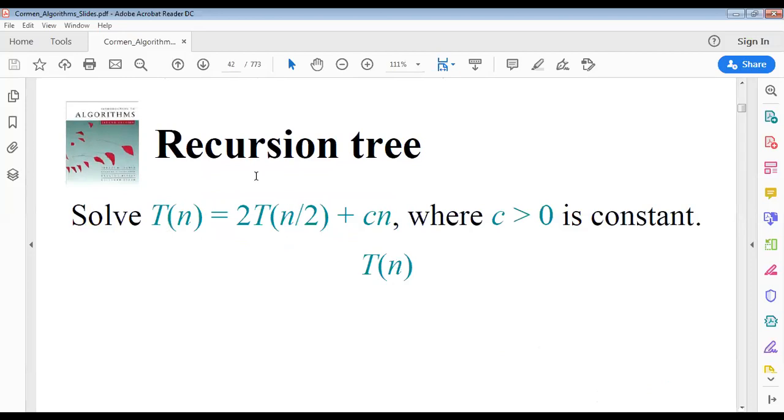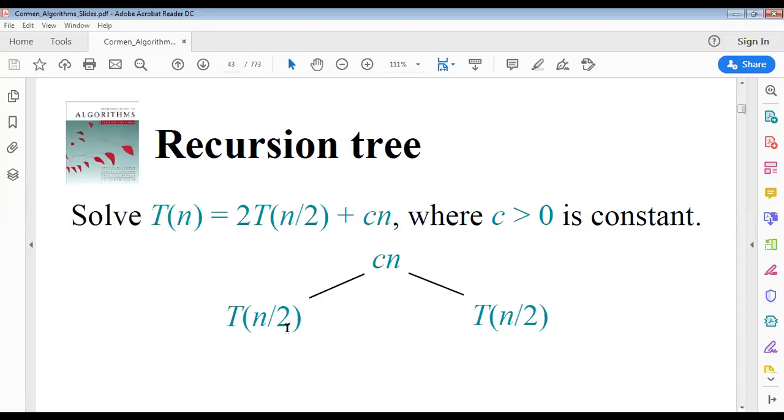Then it is partitioned into two subproblems, so this tree has two children. Each child has size T of n by 2. When we merge, or combine, we have cn for the combine time, as we discussed in merge sort.